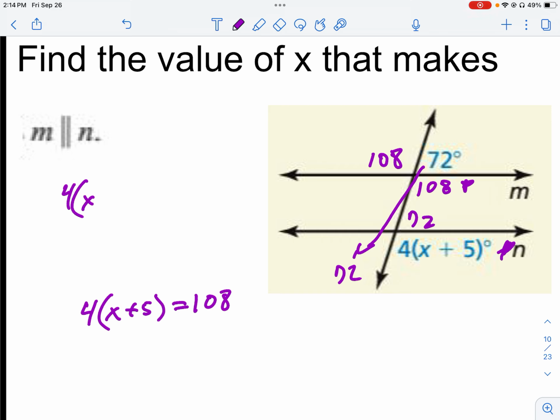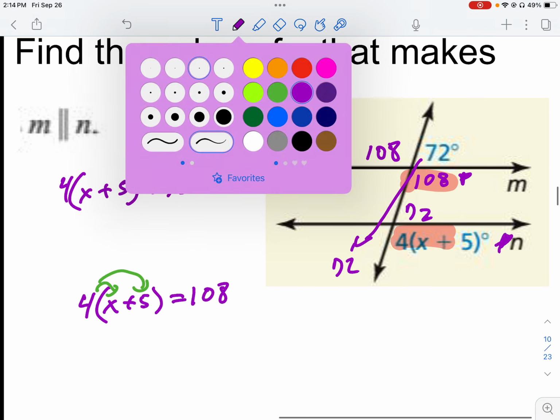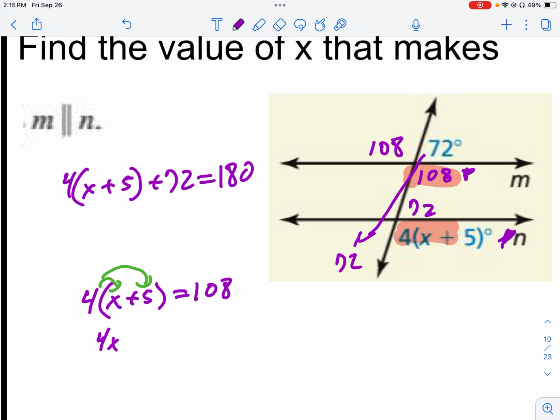Or if 4 times x plus 5 plus 72 equals 180, because corresponding angles will be right in the same side of the transversal, same place against the line. So either of these things are true. So let's go ahead and distribute. So that gives us 4x plus 20 equals 108.